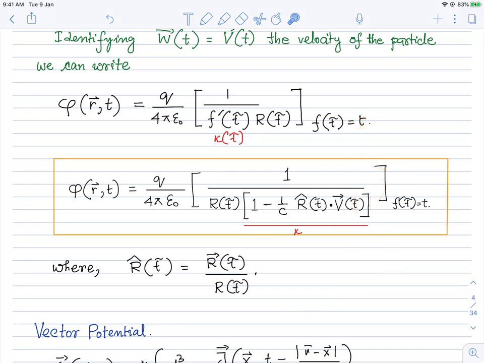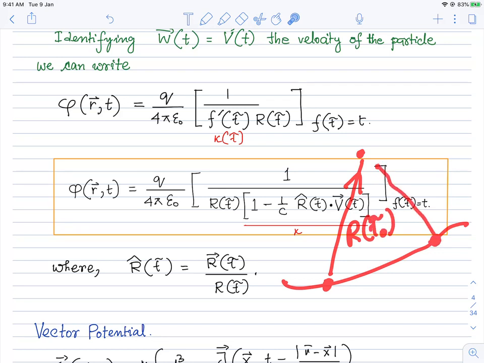So this r vector changes with time. Let's say the particle is here and we are trying to find the field here. This is my r vector at time t tilde 0, and at t tilde 1 my particle is here, then this is my r vector at time t tilde 1.